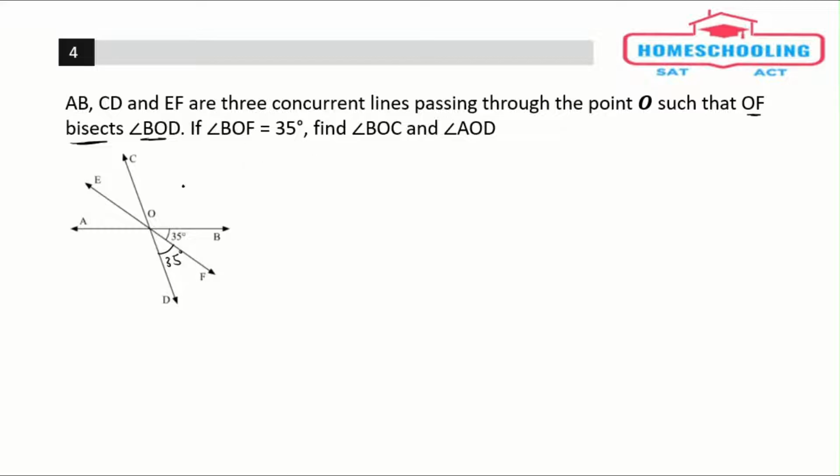As we know, AB is a line, and the sum of all these three angles would form a linear pair.